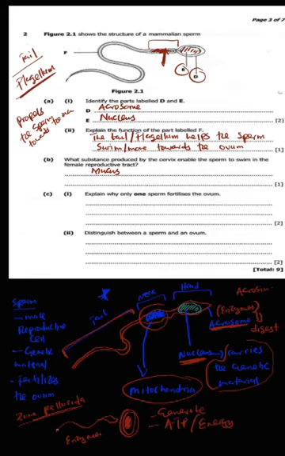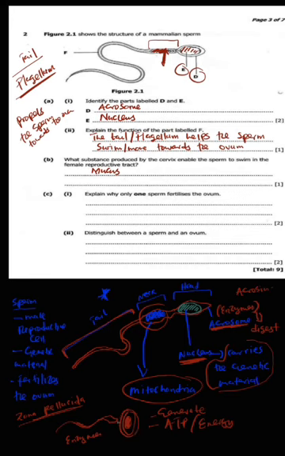Now, let's say the sperm arrives. Of course, there are many sperms that will arrive at the same time. The sperm arrives and it's looking at this ovum. Remember we said the sperm has the acrosome. From the acrosome, enzymes will be released, and these enzymes will digest this membrane.